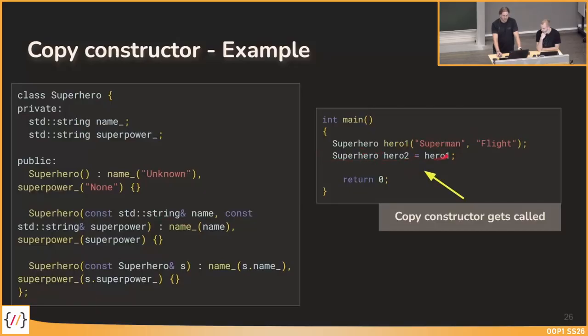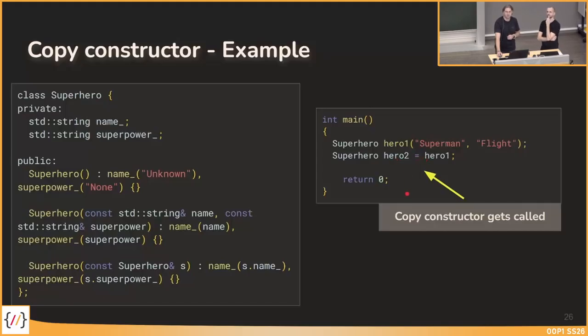But the second line is very interesting, because we would assume that hero1 is assigned to hero2. It's again a new object that is created here.